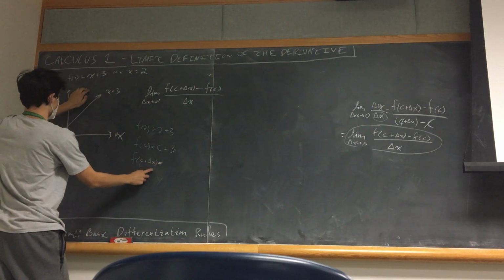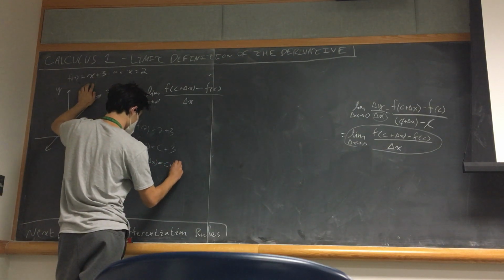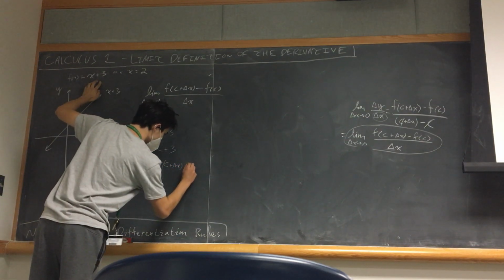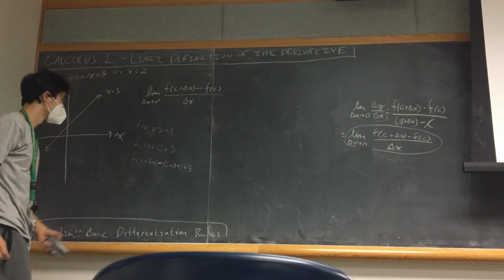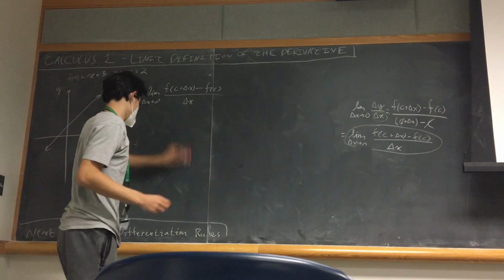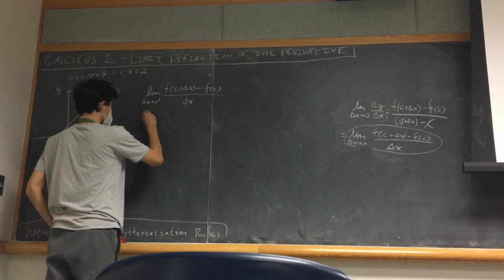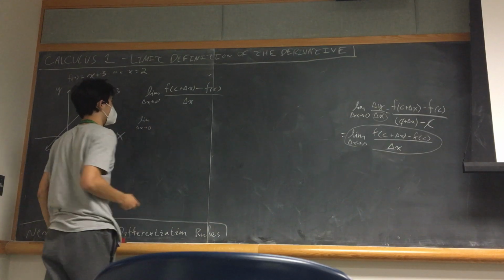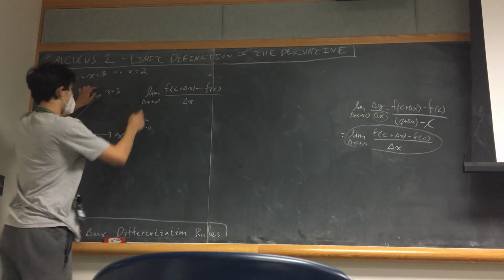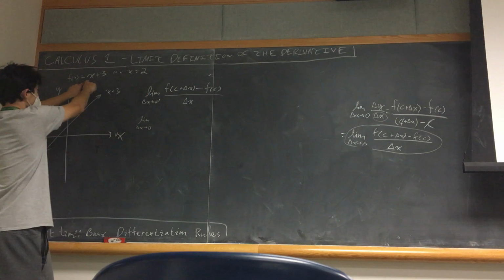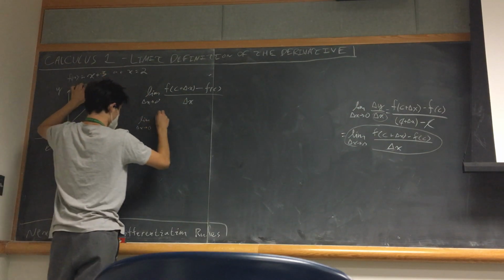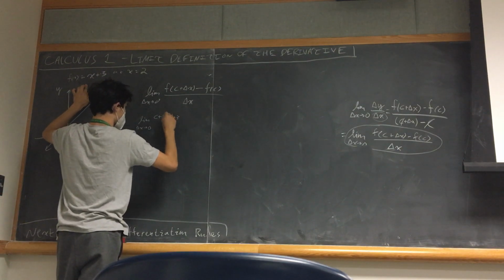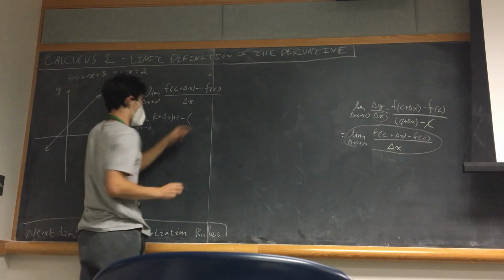So f of c plus delta x would be c plus delta x plus 3. So we're going to plug this in up here. So this becomes the limit as delta x approaches 0 of c plus delta x plus 3 minus f of c.